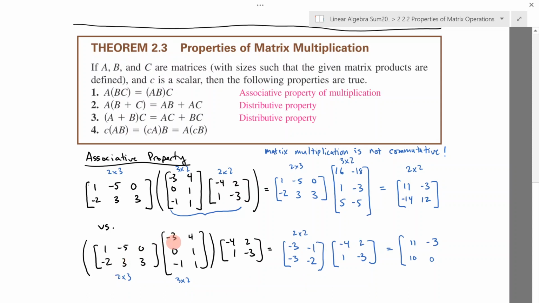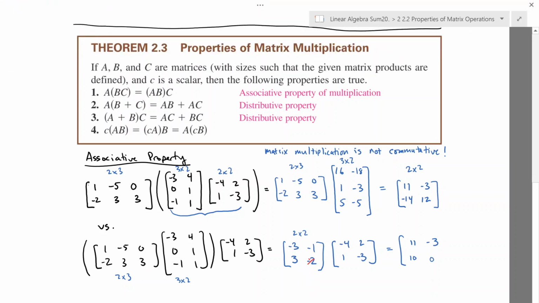So this is positive 6 minus 3, so that's a positive 3. So this should have been a positive 3. And let's say this entry was this times this, so that's negative 12 plus 3 plus 3 is negative 12 plus 6. Okay, so that should be a negative 6 here.